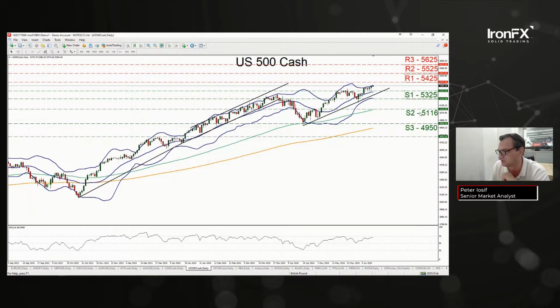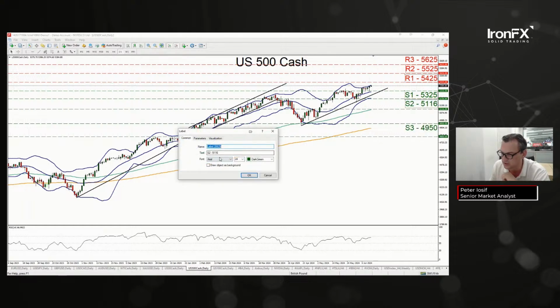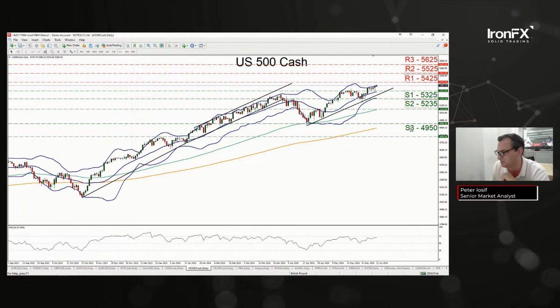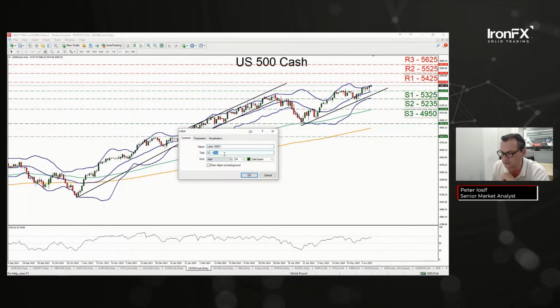for the index. On the flip side, should the bears take over, which does not seem to be the case right now, but it's still a possibility, then we may see the price action of S&P 500 dropping, breaching the 5,325 and also breaching the upward trend line, signaling the end of the upward movement, and practically start aiming, if not even breaching, the S2 5,235.